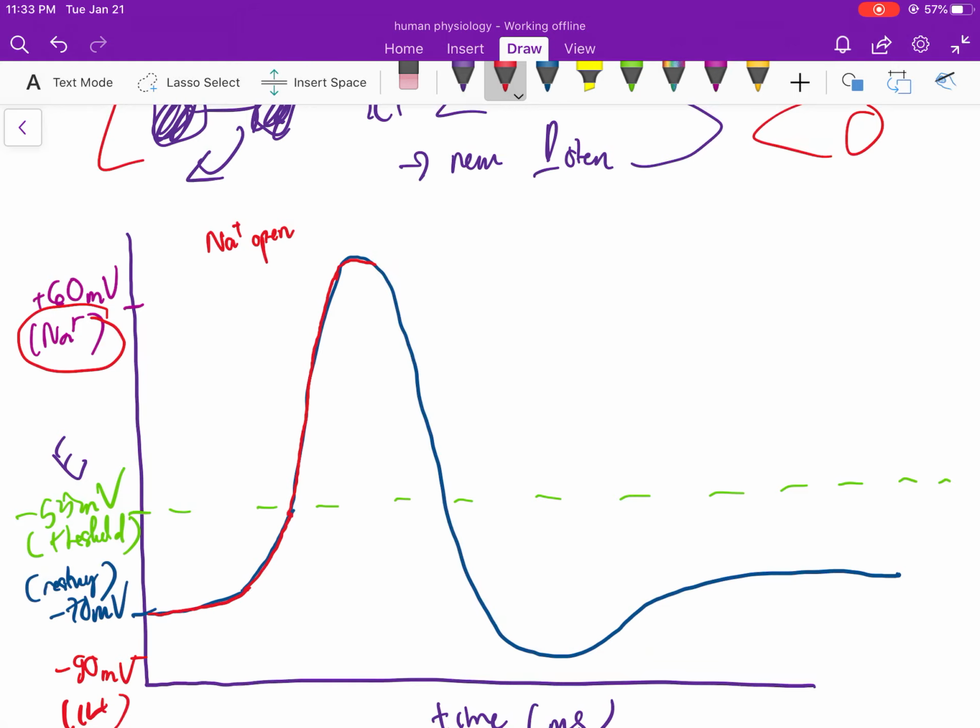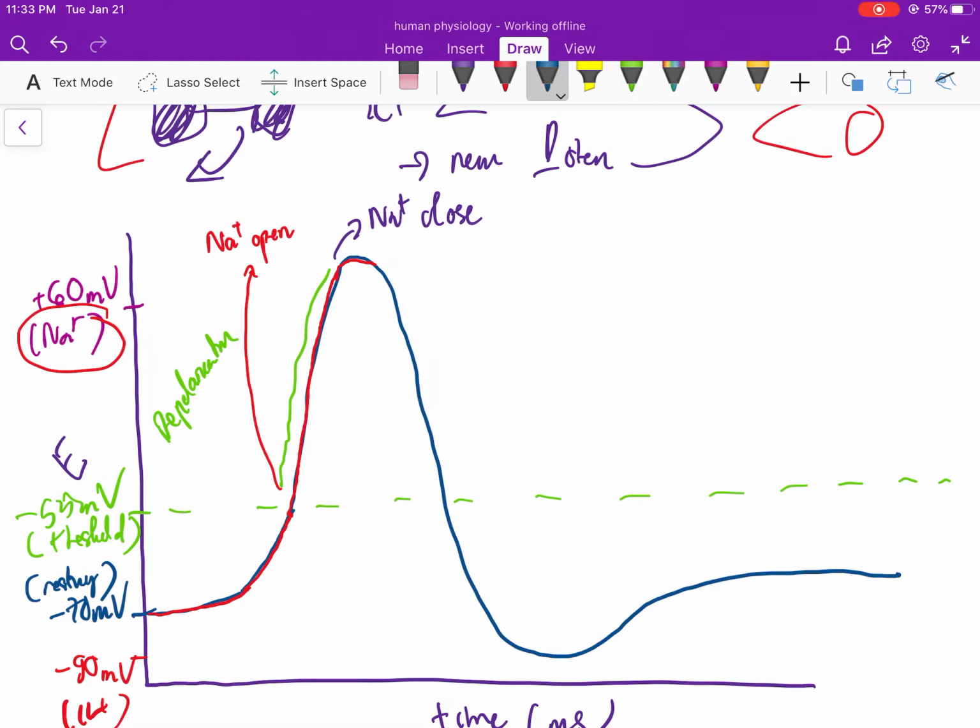So at this point, we will have our sodium voltage gated channel now closed. The process of going up like this and making the membrane potential positive is what we call depolarization.